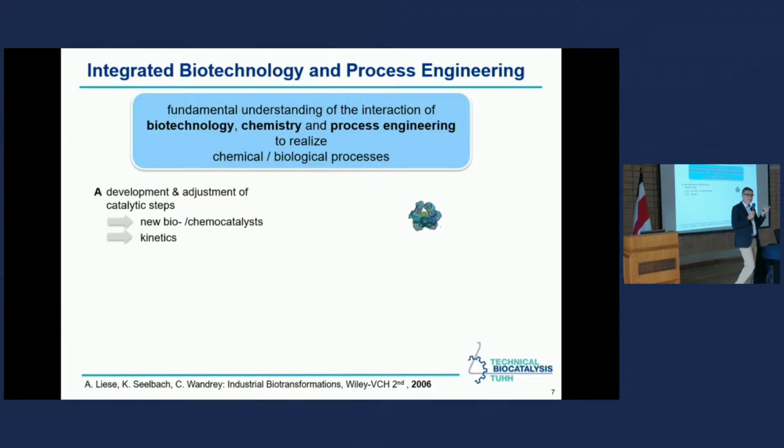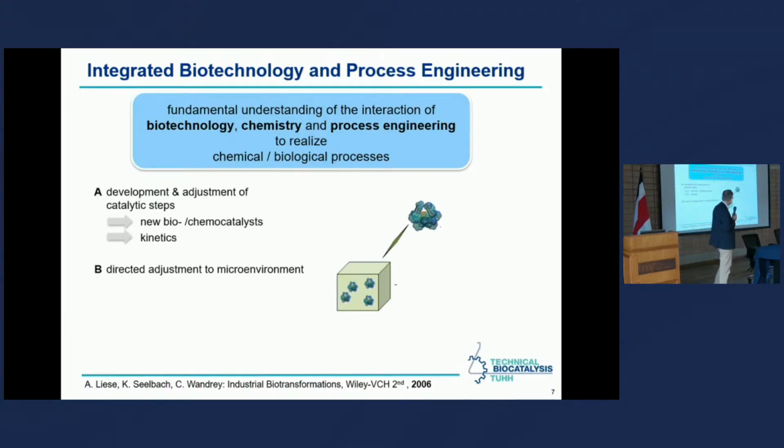But this is not naked. This catalyst, this enzyme, this whole cell, is in a microenvironment. And this microenvironment could be just water, for example, could be an organic solvent, could be any surface where I attach it to, could be anything that is changing this microenvironment.